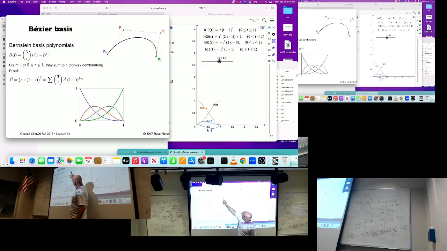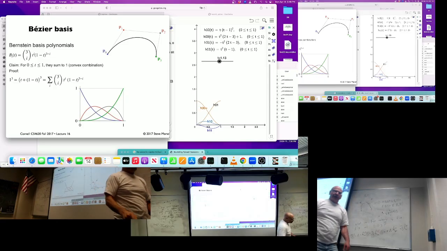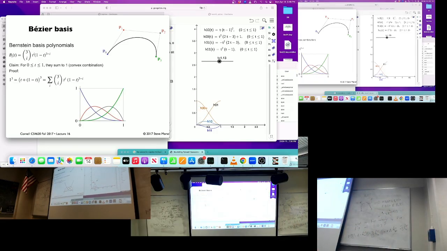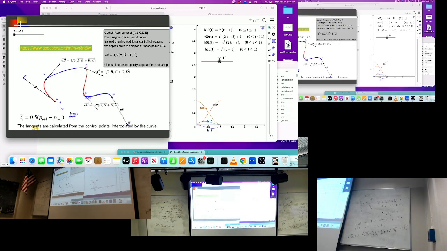T equals almost 0, P0 has all the weight in the world, very close to 1. Everybody else is completely marginalized. Everybody else has weight very close to 0. T equals 1, P3 has all the weight in the world, and the other points are marginalized. And as you're moving in T, each one changes its value. Okay, that's what I wanted to add to these curves.